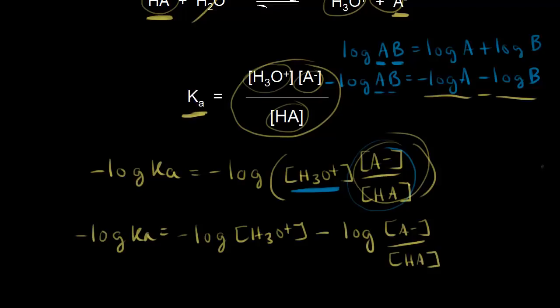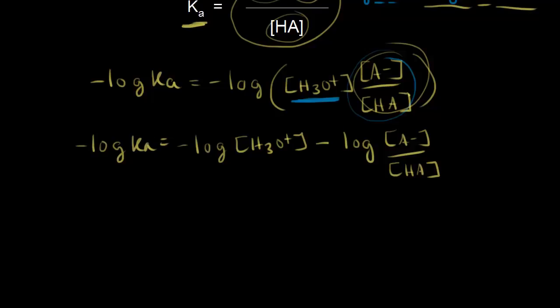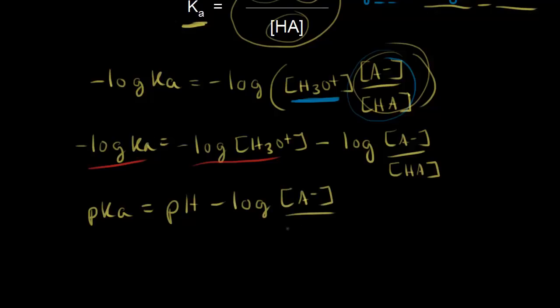We can keep going here because the negative log of Ka is equal to the pKa. And over here we have the negative log of the concentration of hydronium ions. That's equal to the pH. So the negative log of the concentration of H3O+ is equal to the pH. And then we have minus log of the concentration of A- over the concentration of HA.